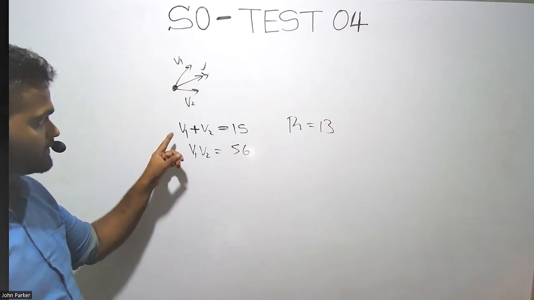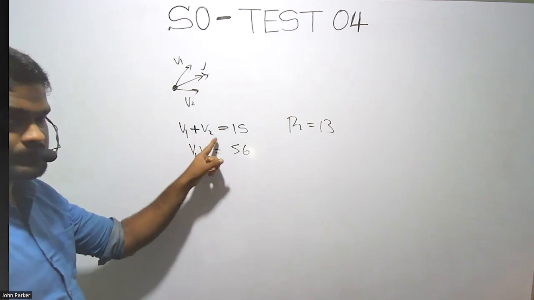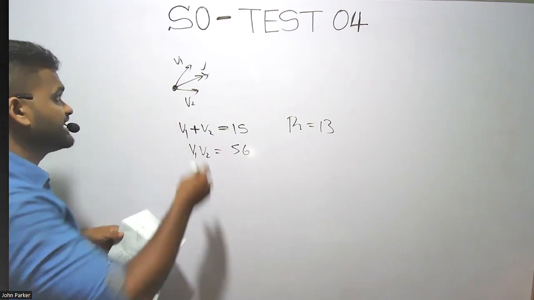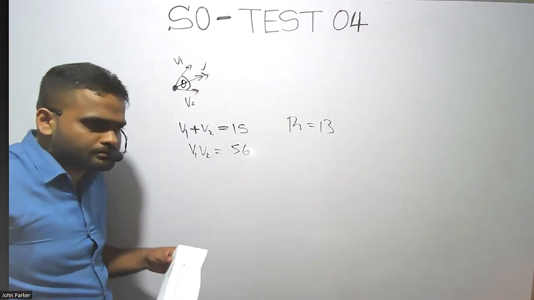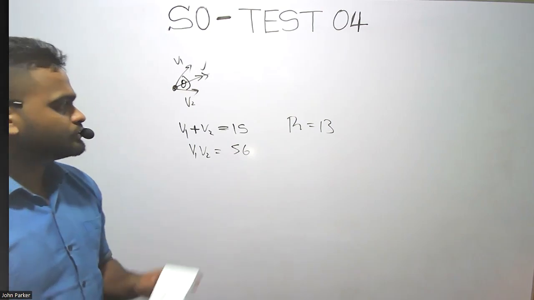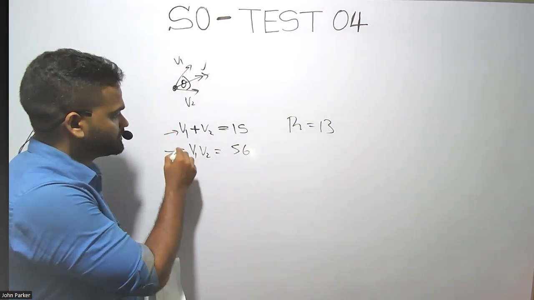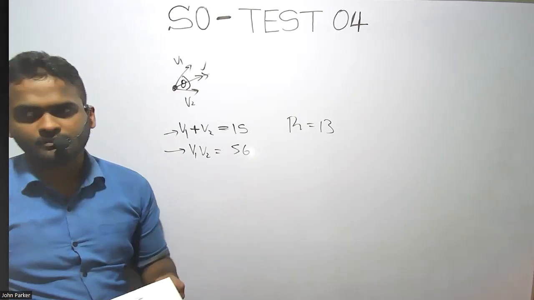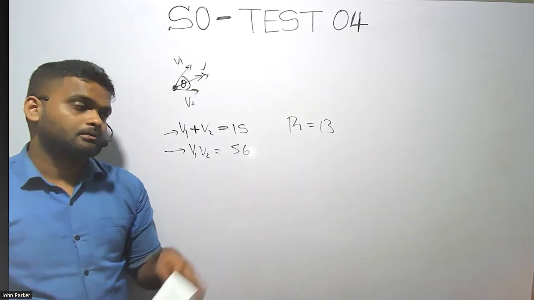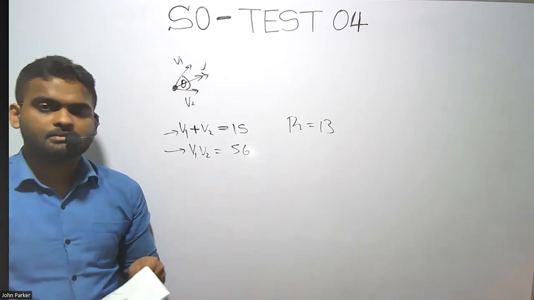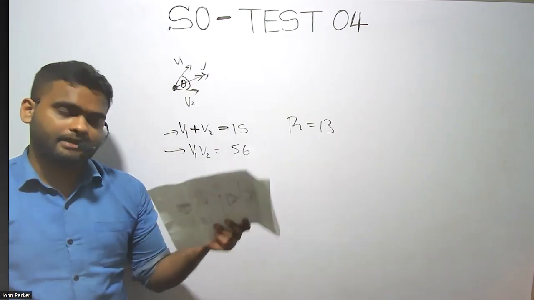So what they ask is the values of v1 and v2, and the inclination between those two. Let's say that inclination is theta. So you have two simultaneous equations. You can do the simplification as well, but this simplification is going to be a bit hard because you would probably even get a quadratic equation.